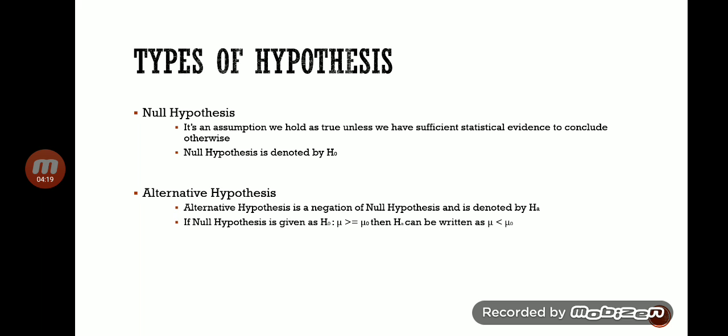So in that case, our alternative hypothesis would be that performing meditation would decrease the patient's blood pressure. That means the mean blood pressure of the sample of the population who performed meditation would be lower than the mean blood pressure of the normal population.